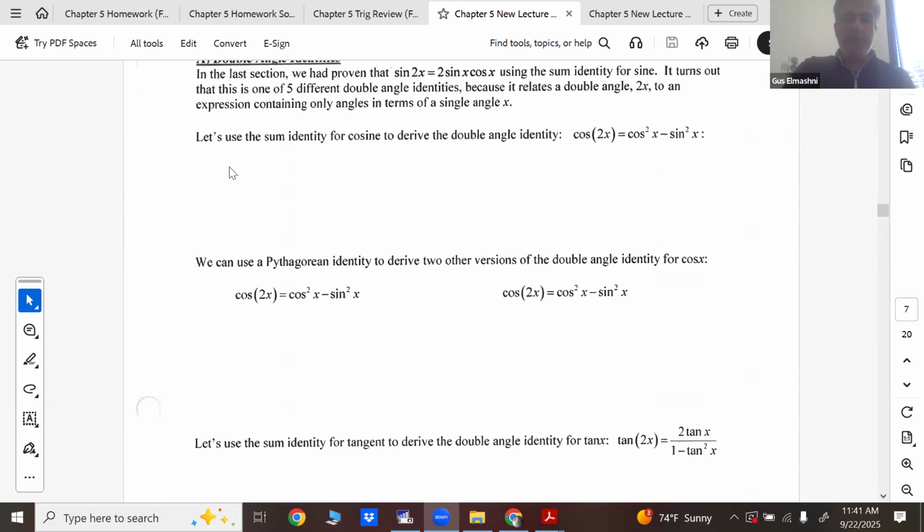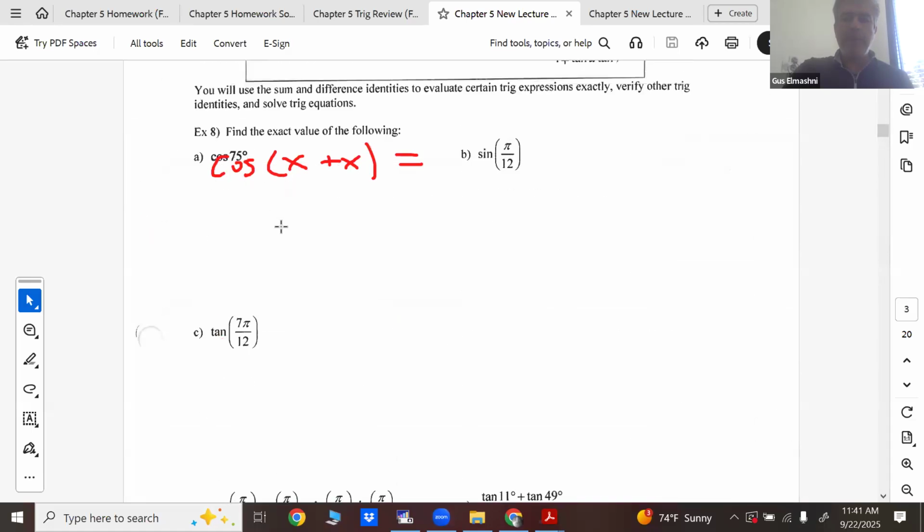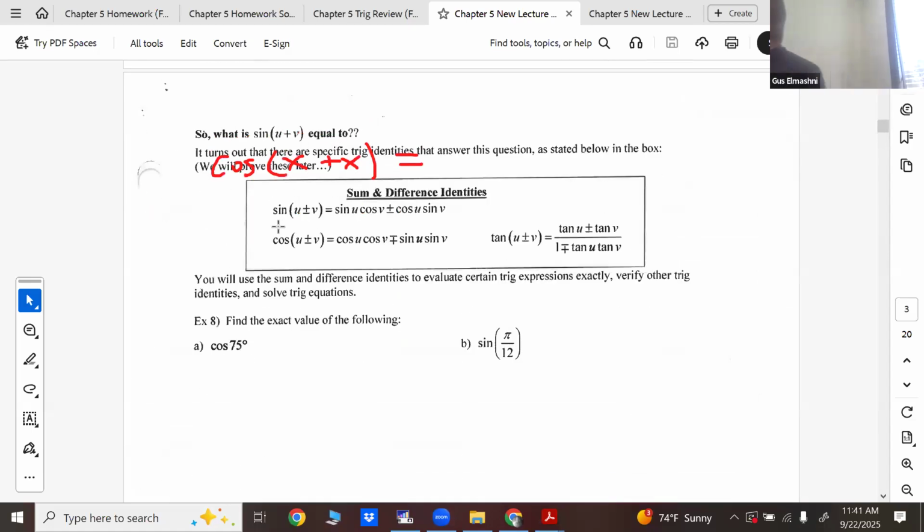So if you think about it, cos 2x. Let's start by saying cos x plus x. That's true. Cos 2x is the same as cos x plus x. But going back all the way back here, we have cos of u plus v. You're replacing u and v with what and what? X and x.